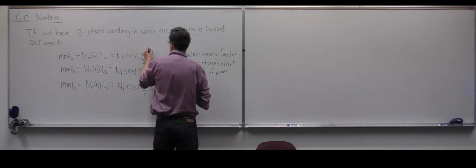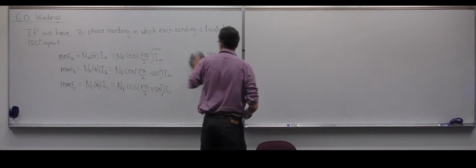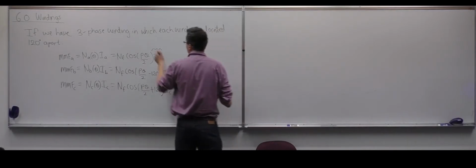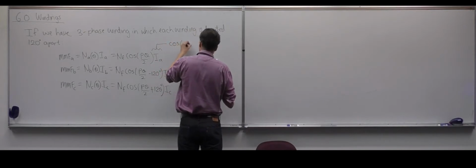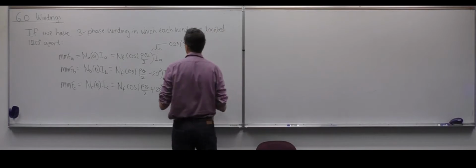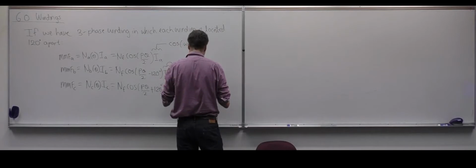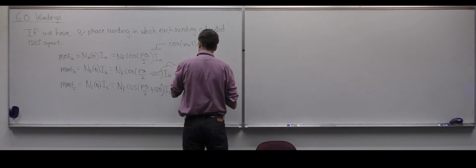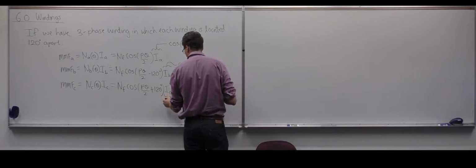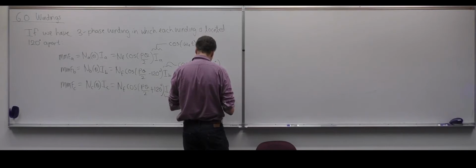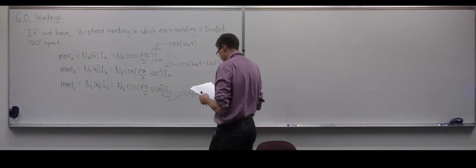So IA is chosen to be cosine omega E t, where omega E is the electrical frequency, related to the number of poles, and then IB is cosine omega E t minus 120 degrees, and IC is cosine omega E t plus 120 degrees.